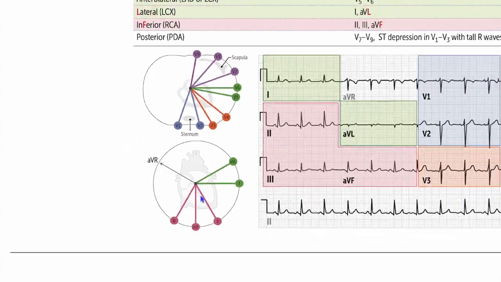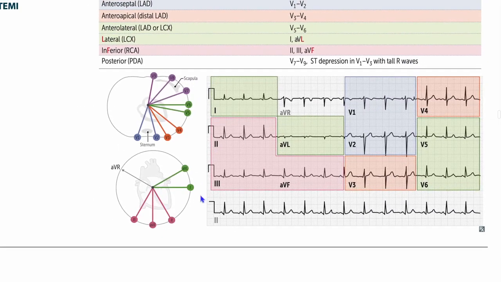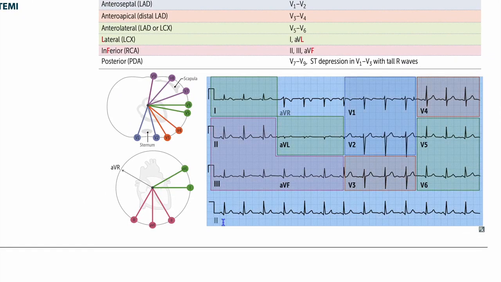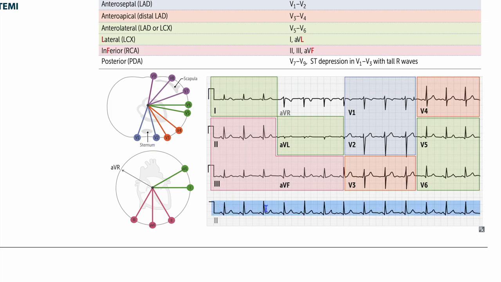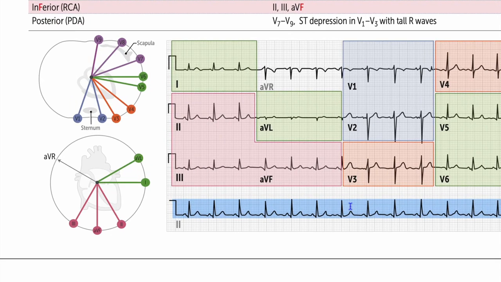Now that we know that, what does that mean? Normally we just look at the second lead, because that's the one that's closest to the heart, with the right ventricle right behind it. So you get the optimum results in that lead.